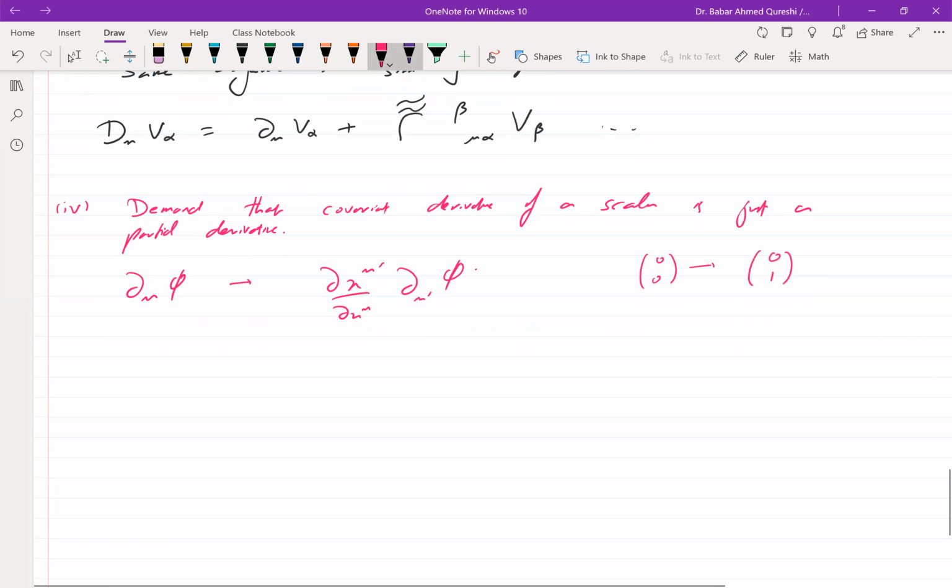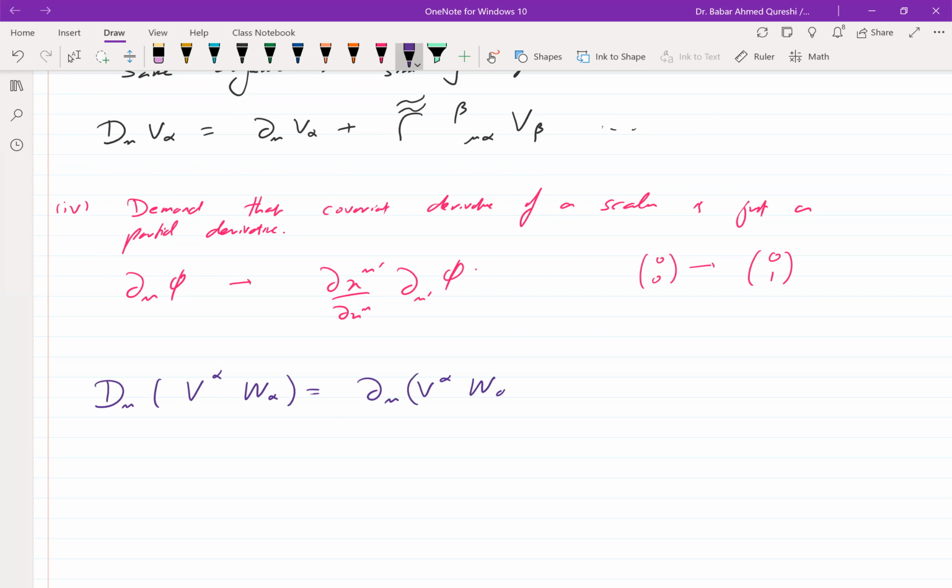So that means if I compute this contraction, it is a scalar field because at each point you are computing a number. So this should be just this, W alpha plus V alpha.